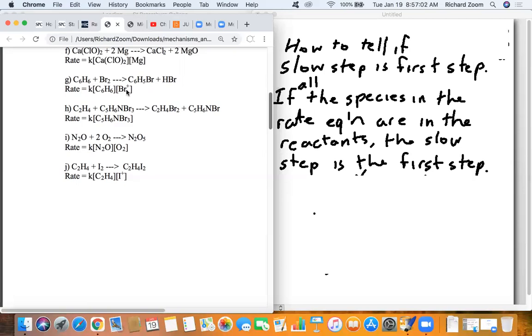Yes, but what would the Br+ have been made from? C6H6 or Br2? Br2. Yeah, that's right. So the Br+ came from the Br2. If we actually had to solve that, how would we find Br+? We'll get to that in a second. One step at a time. We have to get this whole slow step, first step business out of the way.